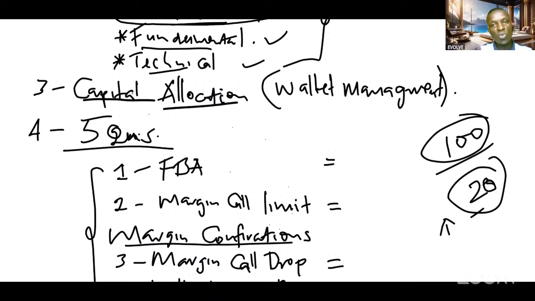There will be another trade where it will go down and you buy all the margin calls. So market allocation, or capital allocation or wallet management is very important. Very important.